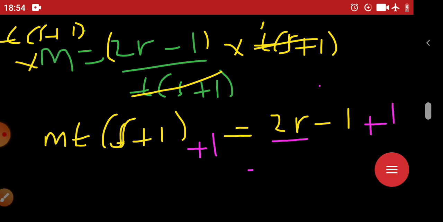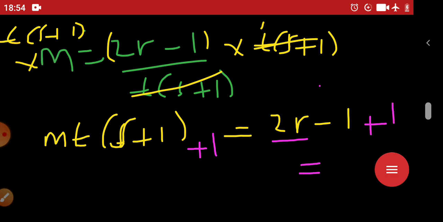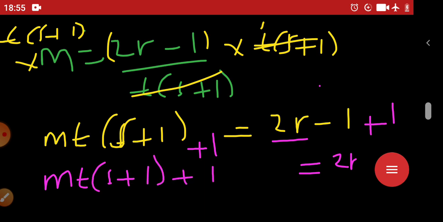So from the right hand side we have 2R, and from the left hand side we have MT(S plus 1) plus 1. So now we need to divide by 2 both sides.